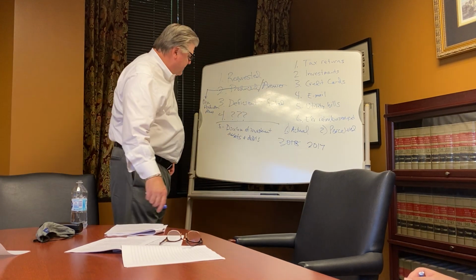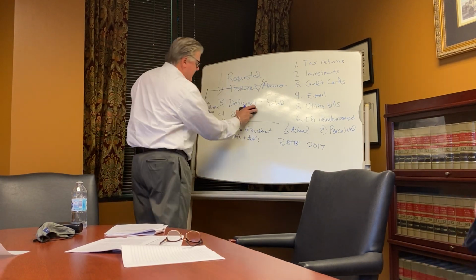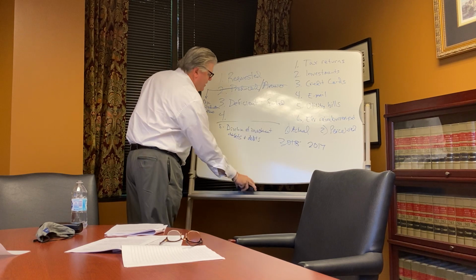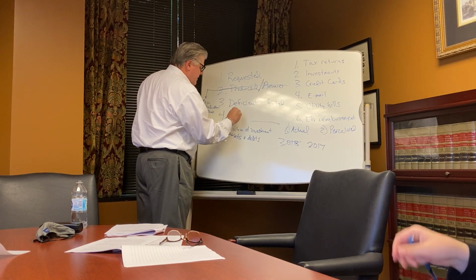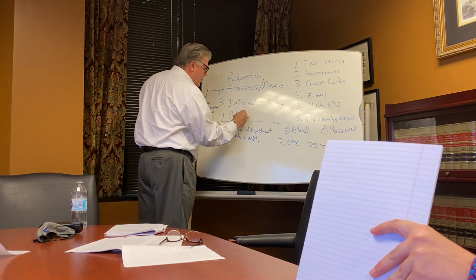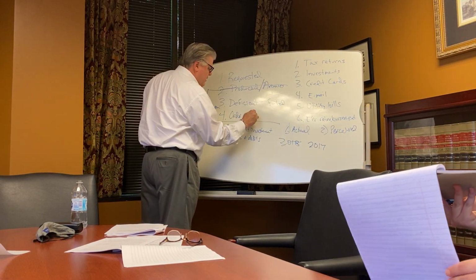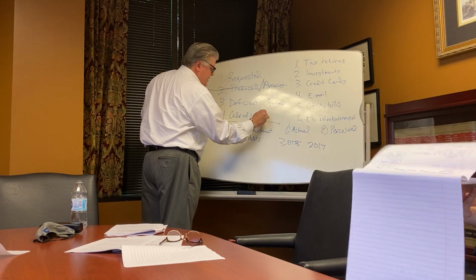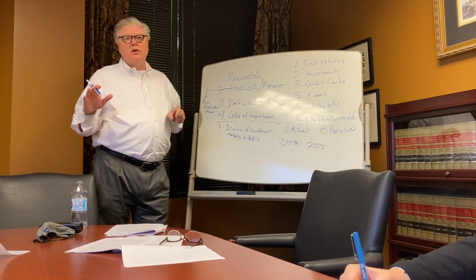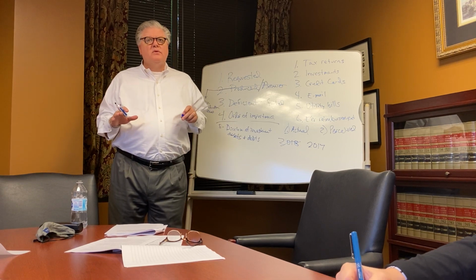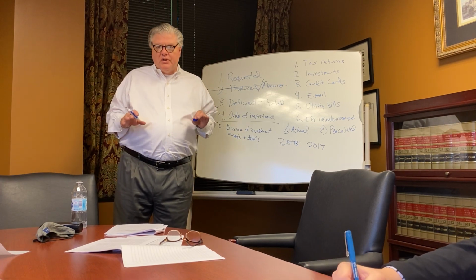Now, what's number 4? This is again art, we want to reorder this in most cases, in order of importance. All right, so what's weird about arguing a motion to compel?